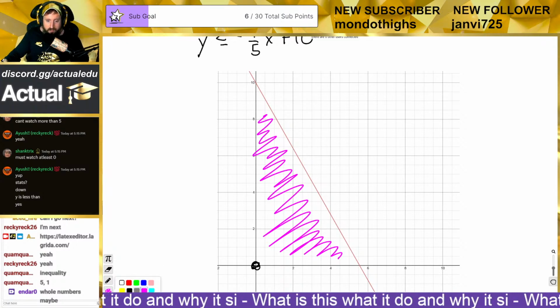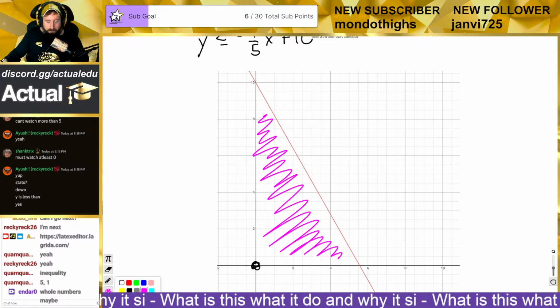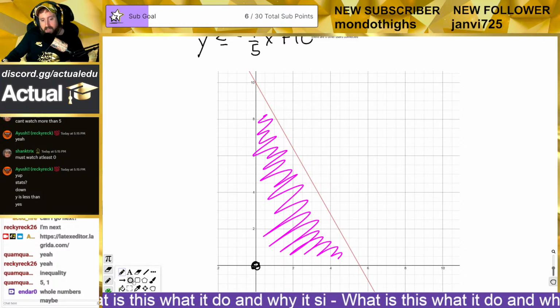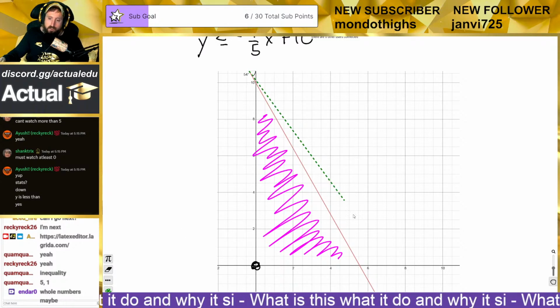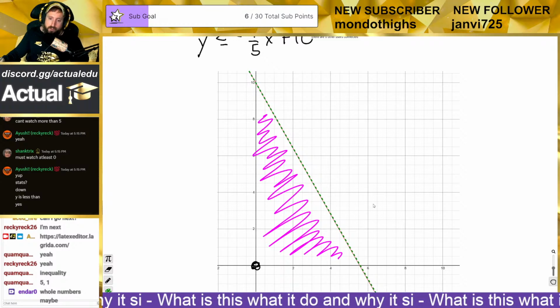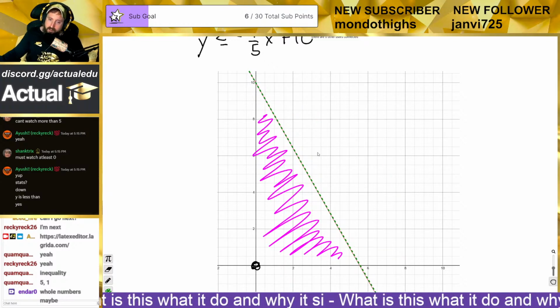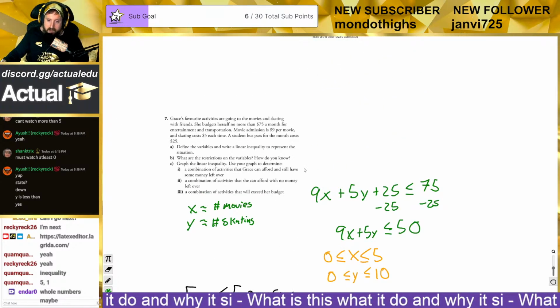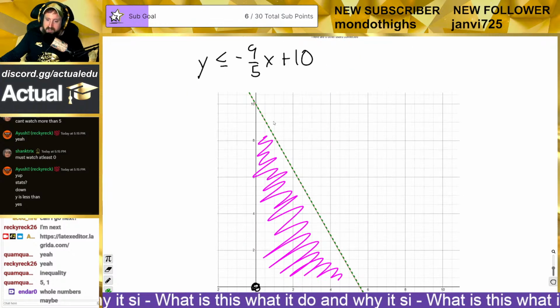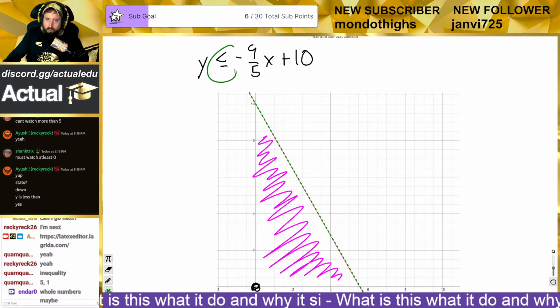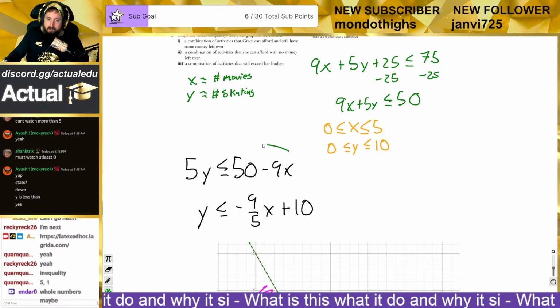So we would say that the pink shaded area here represents all the activities she can do and still have money left over. The green dashed line is all the things she can do and have no money left over, because that's when her spending is exactly equal to the amount.